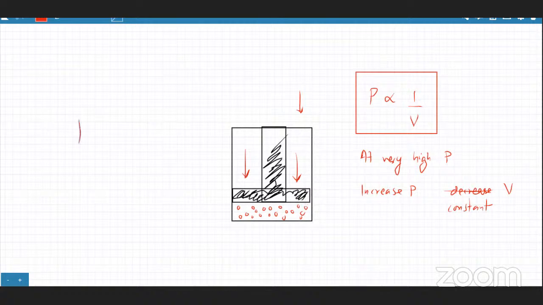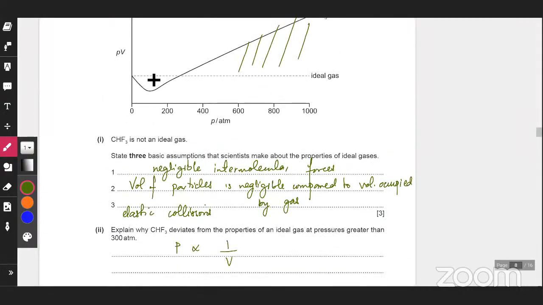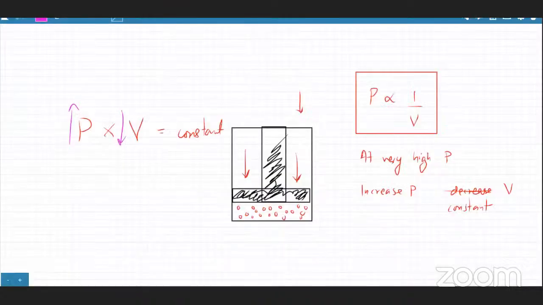So what happens to your product? You were talking about the PV graph, right? PV was plotted against pressure. PV is usually a constant, and it should be a constant. Why? Because if you increase pressure, the volume should decrease, right? So the product remains a constant, which is why for an ideal gas, this should be a straight line, because this relationship for an ideal gas would be true.